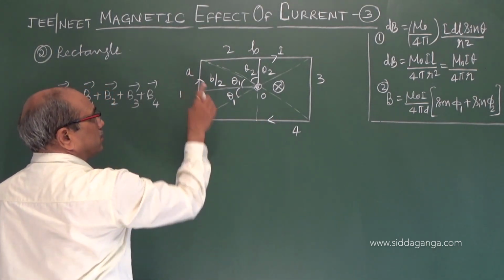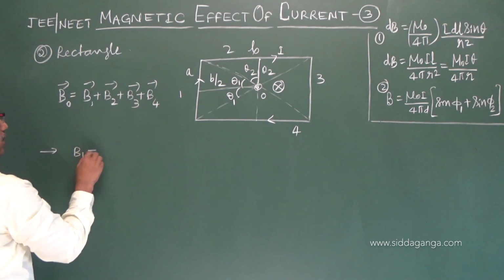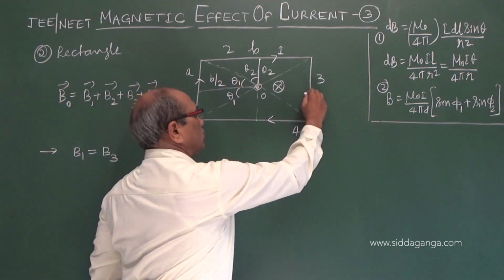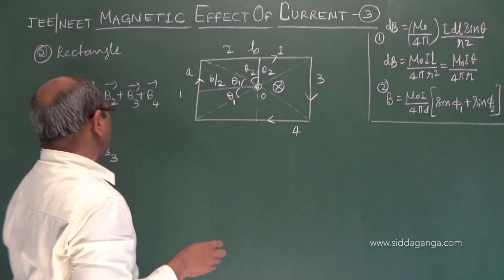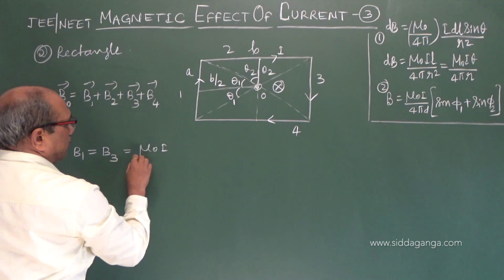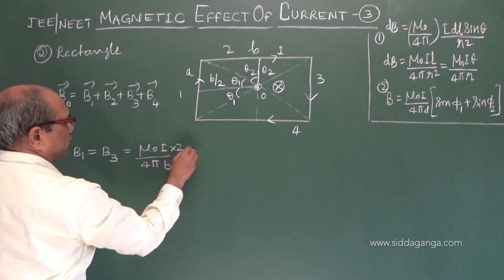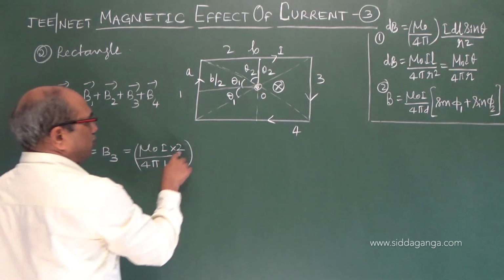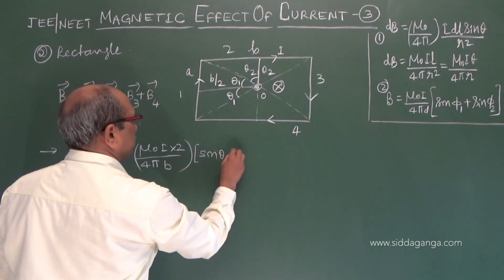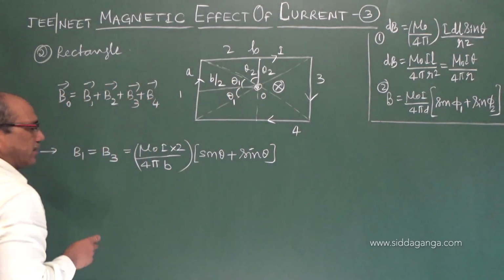But here B1 and B3 are similar in magnitude and direction. These two are at the same distance b by 2. If I write mu naught I divided by 4 pi, instead of d, I have to write b by 2. Also here it is sin theta plus sin theta, theta same, theta 1, I can write theta in that case.